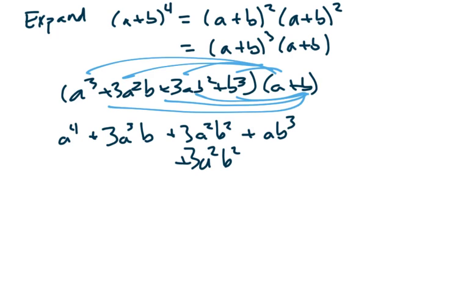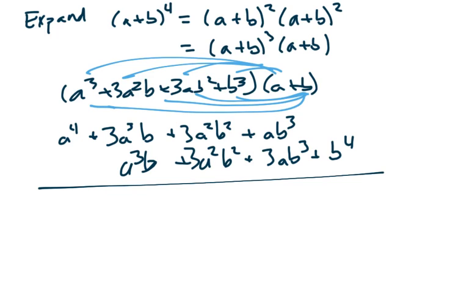We've got b times 3ab squared, so that's 3ab cubed altogether, and b times b cubed, b to the 4th, yikes. And the one that I totally forgot, a cubed times b is going to be a cubed times b.